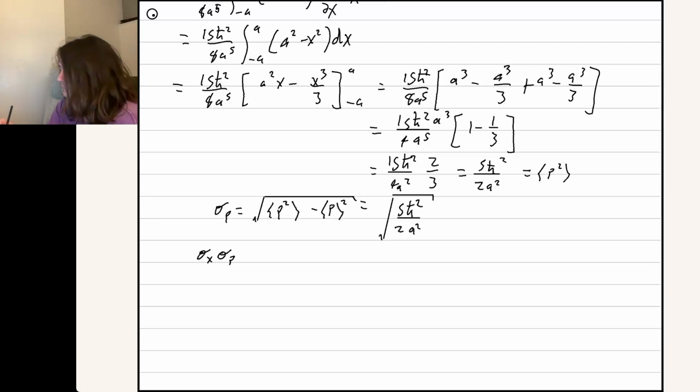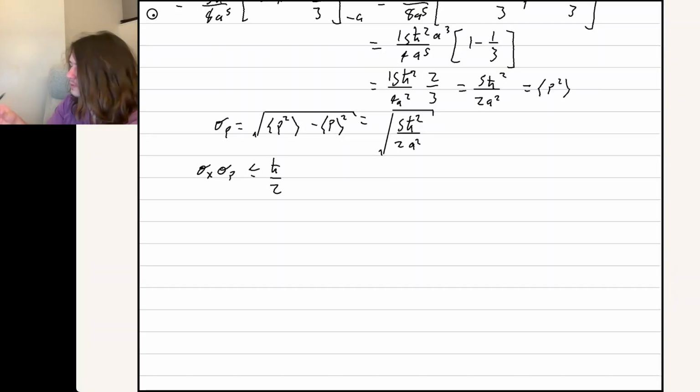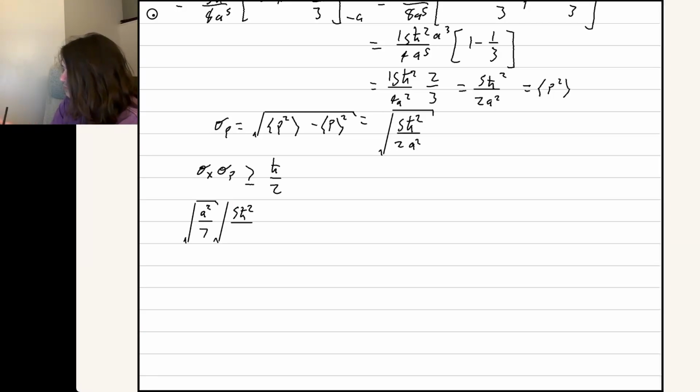That is, sigma x times sigma p had better be greater than or equal to h bar over 2. For sigma x, we just got a squared over 7 under a square root. For sigma p, we just got 5 h bar squared over 2a squared. Funnily enough, this a squared cancels out this a squared, so it doesn't depend on a, which is nice.